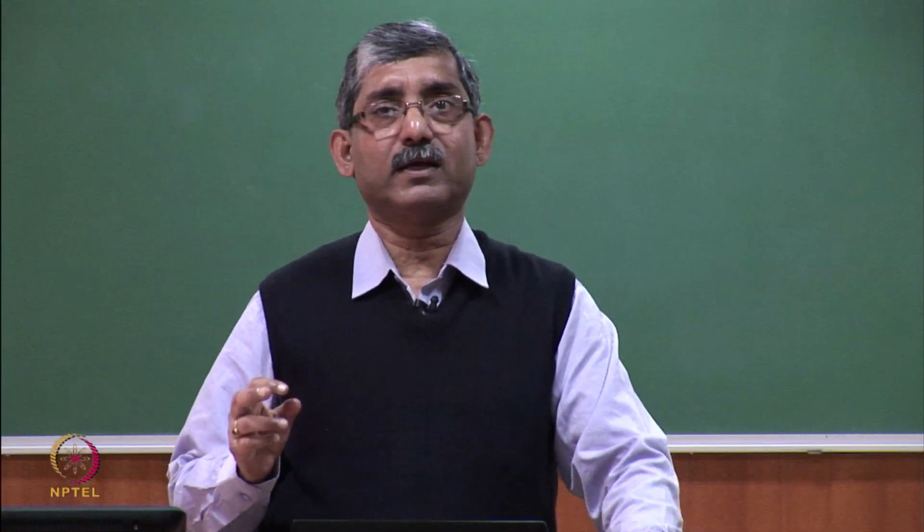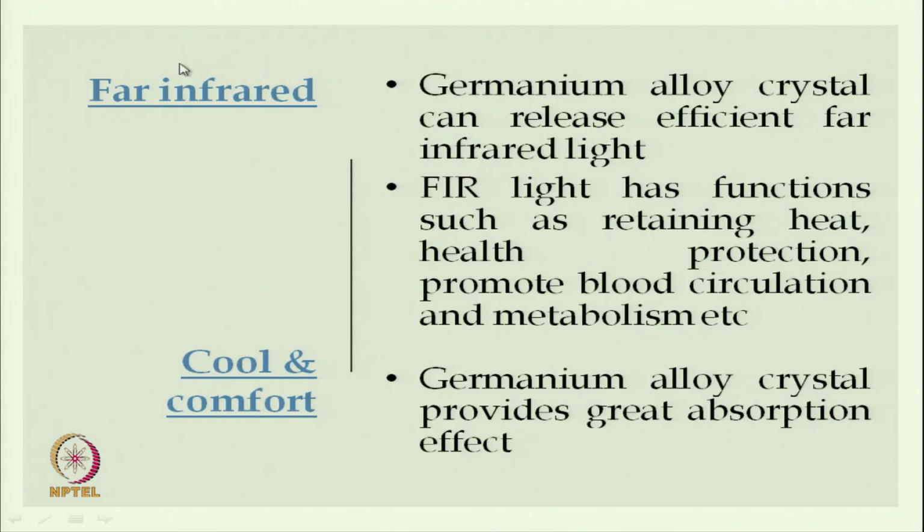Another use of germanium alloy crystal is to absorb infrared. Alloy crystal can release efficient far infrared light. The infrared light has functions such as retaining heat, health protection, promoting blood circulation and metabolism.